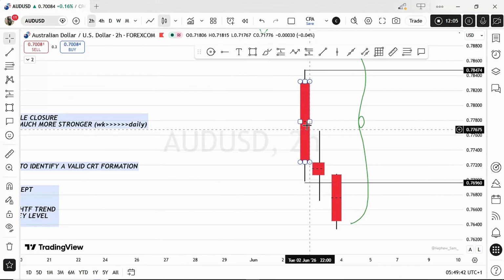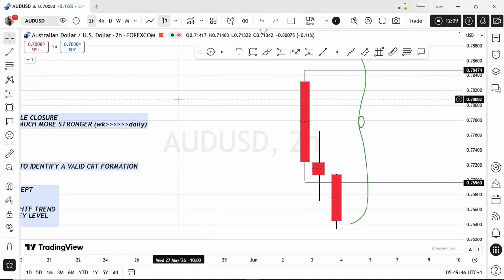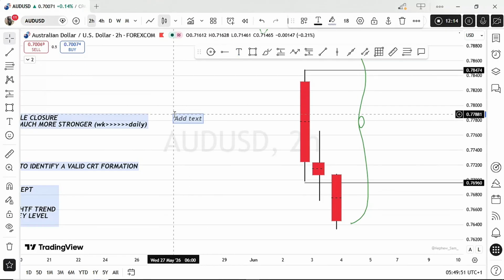Right? So for a bullish CRT formation, you want the source candle, please get this, for a bullish CRT, the source candle must be a bearish candle close.